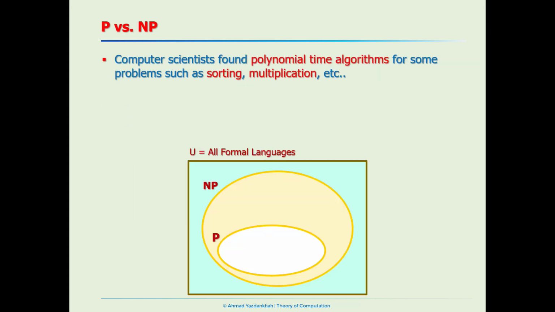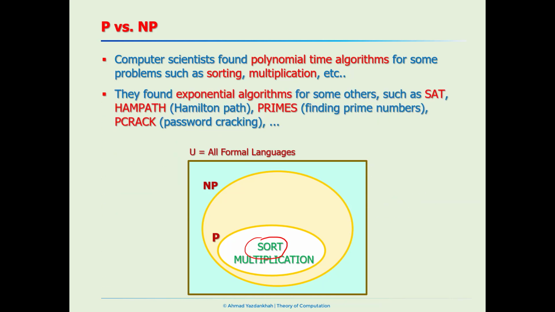Computer scientists found polynomial time algorithms for the P problems as we know, like multiplication, and they found exponential time algorithms for some other problems like SAT. We have similar problems like Hamiltonian path, which I didn't mention but they are very famous and you can search for them, or password cracking, finding prime numbers.